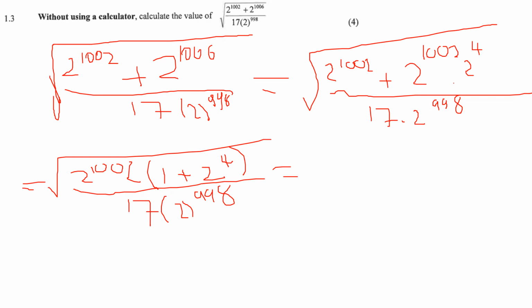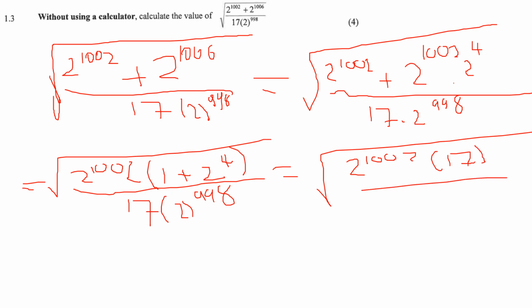So basically we know here inside the 17, let's just write it here: now 2 to the power of 1002 into 17, all divided by what? By 17 multiplied by 2 to the power of 998.